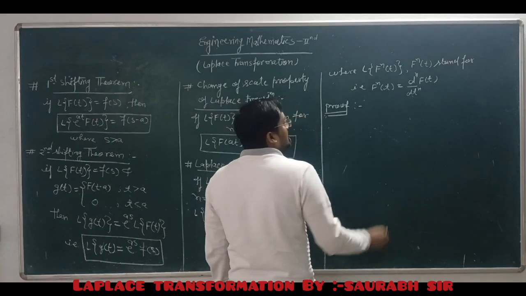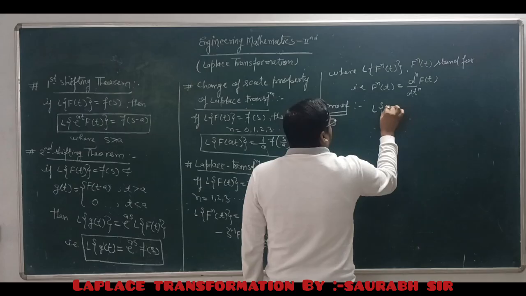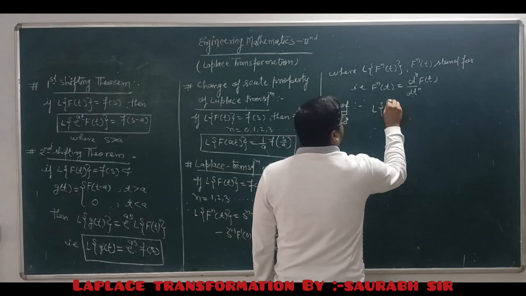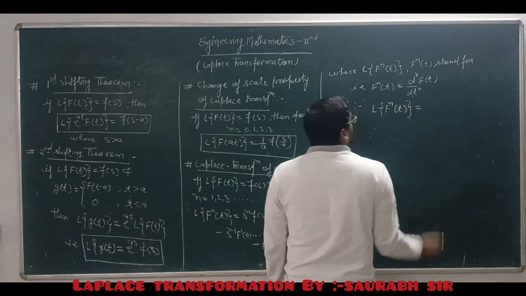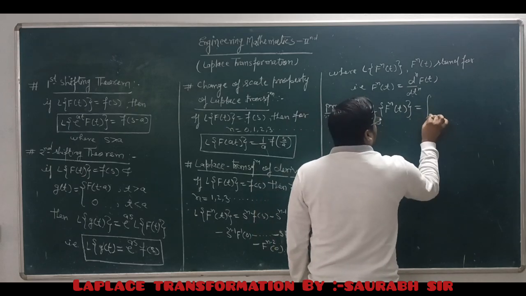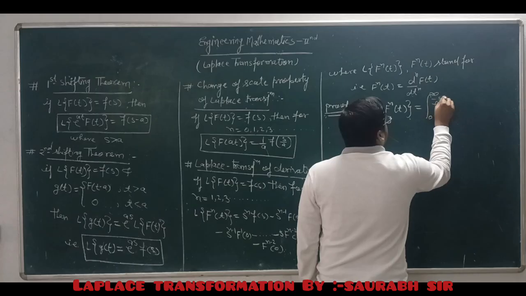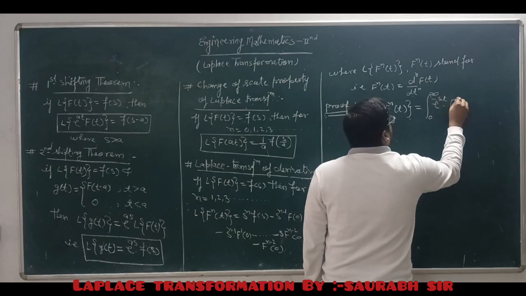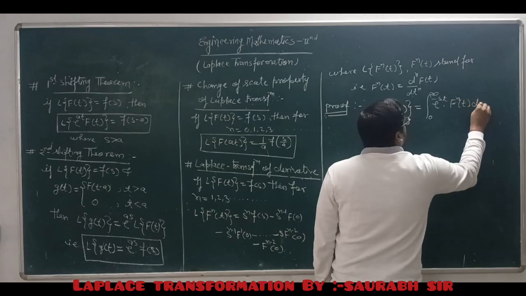You can note down this. L{f^n(t)} = integral from 0 to infinity of e^(-st) f^n(t) dt.